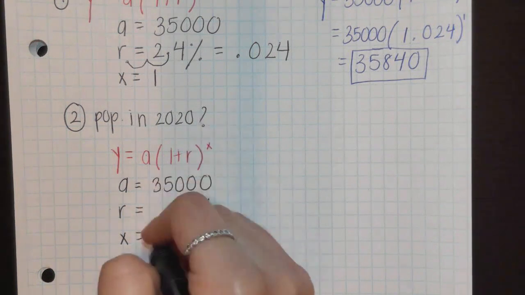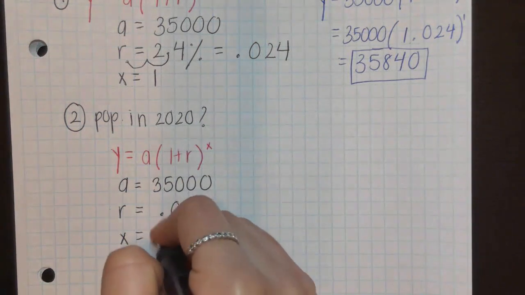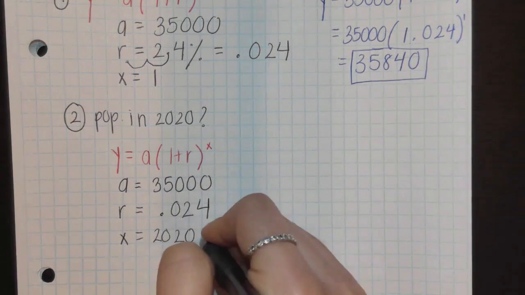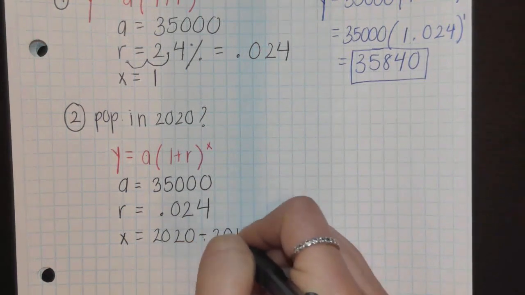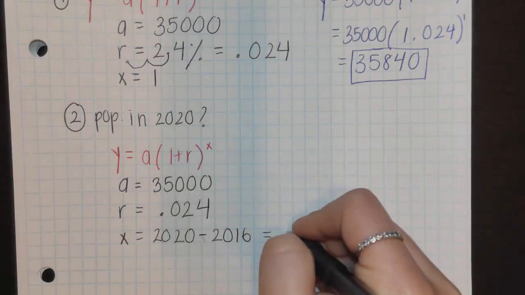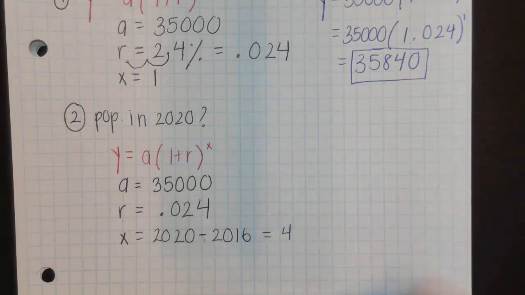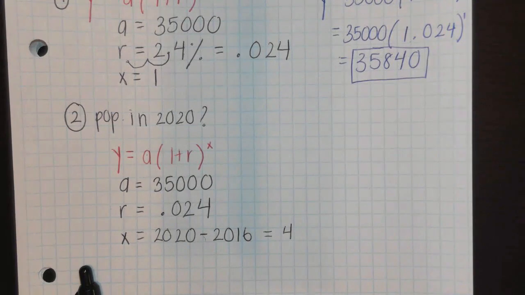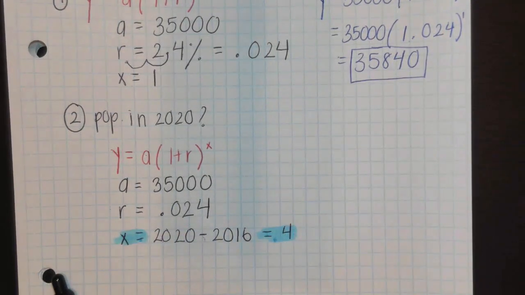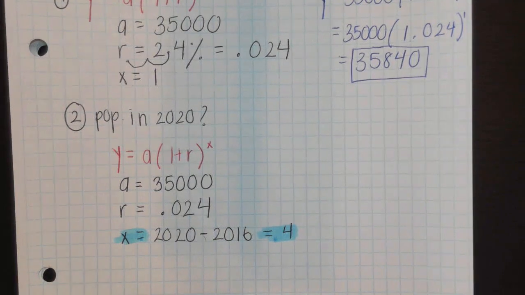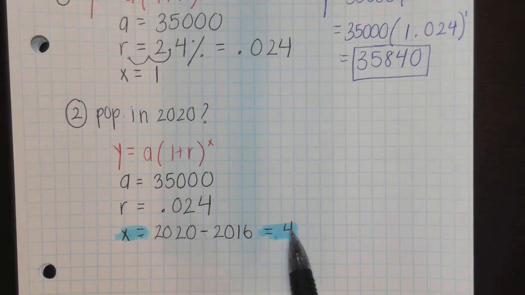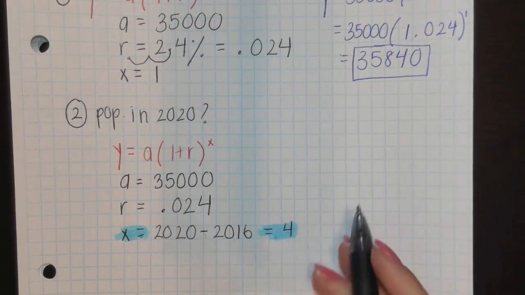They're asking you for 2020, and you started in 2016. How many years have passed between those 2 years? The answer should be 4. So your x value in this case is going to be equal to 4. Make sure you do not plug in 2020 as your x value. That's the year, it's not the amount of time that has passed. So your x value would be 4.